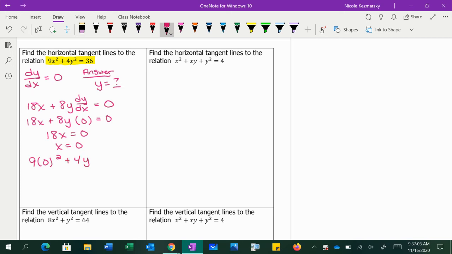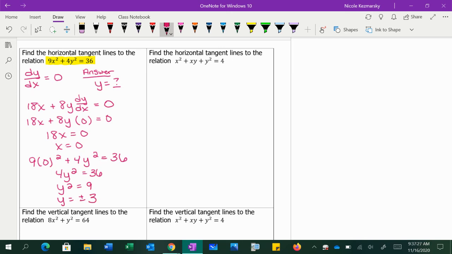So I'm going to substitute 0 for x, and everything else stays the same. The first term goes away, so 4y squared equals 36. And I'm just doing algebra, so I'm going to go ahead and divide by 4 and say y squared equals 9, which means that y equals plus or minus 3.